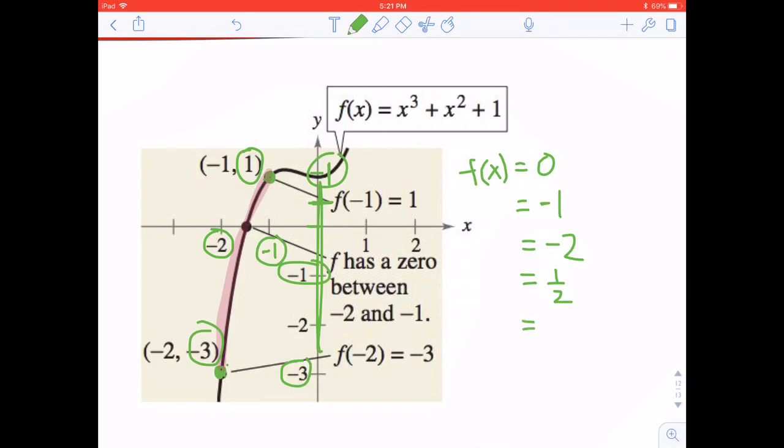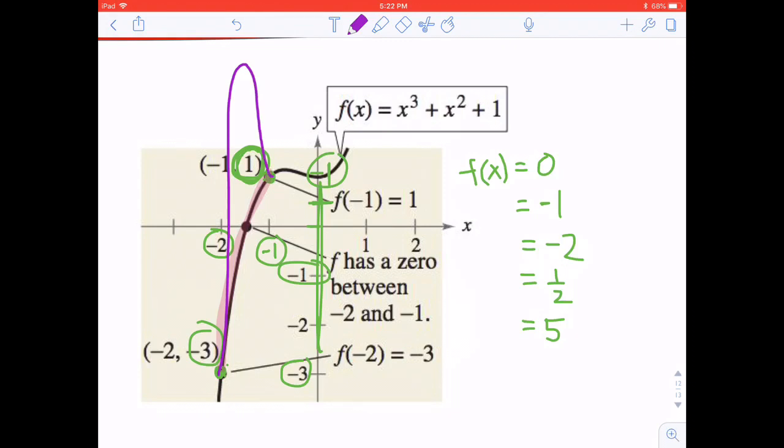Let's take, for example, y equal to 5. Do we know that that is going to be on that interval? No, we don't, because 5 is greater than this y value here of 1. So we can't assume that the function is going to somehow just shoot up to 5 and then come back to that point.